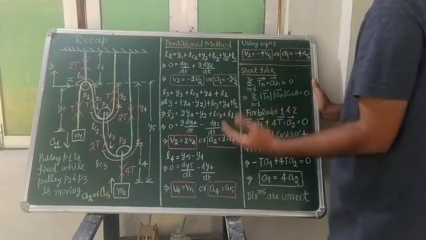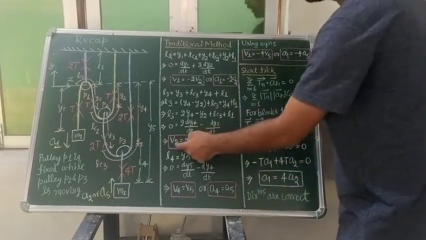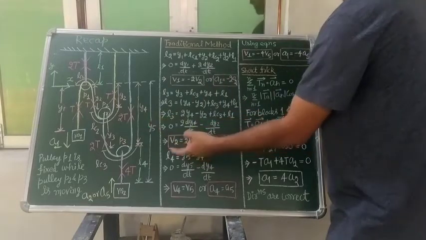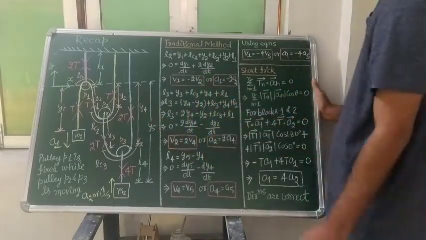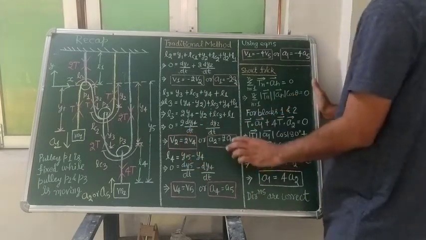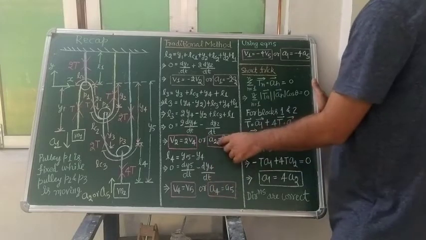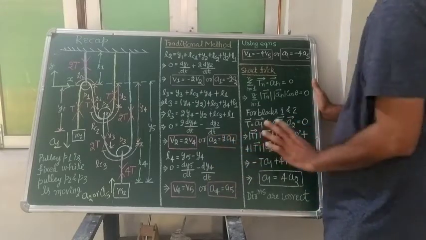So from here we will get twice dy4 upon dt minus dy2 upon dt. Meaning twice v4 equals v2; this will go to the other side. v2 will be twice of v4, or when we again differentiate it, our acceleration a2 will be twice of a4.